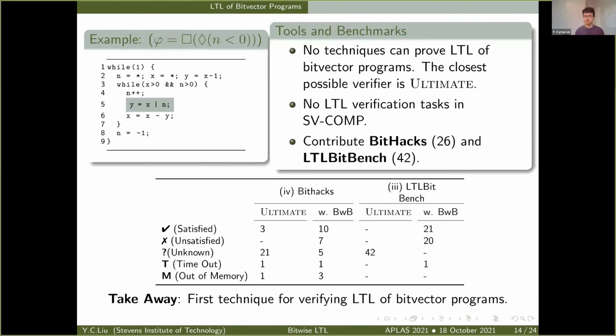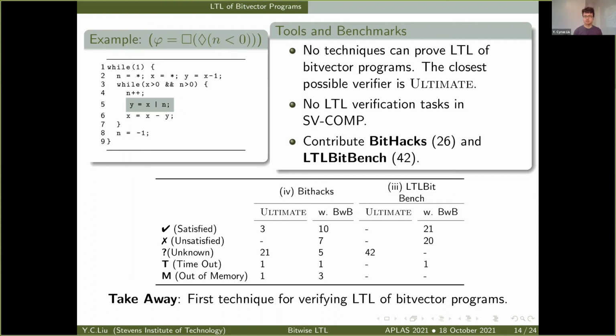Also, we contribute another two sets of Bitvector benchmarks for the evaluation of our bitwise branching for the LTL properties case here. Since there are no techniques that can prove the LTL of Bitvector programs, the closest one is Automizer.